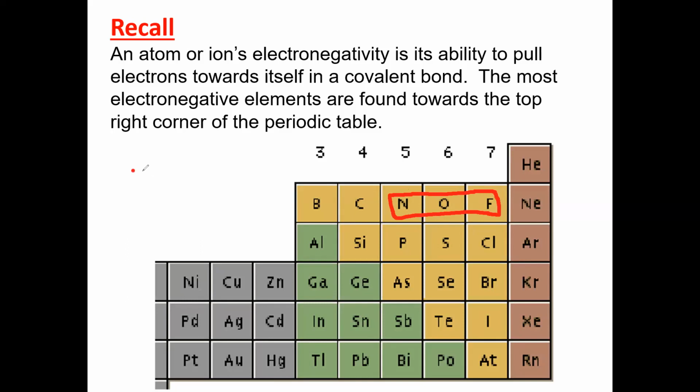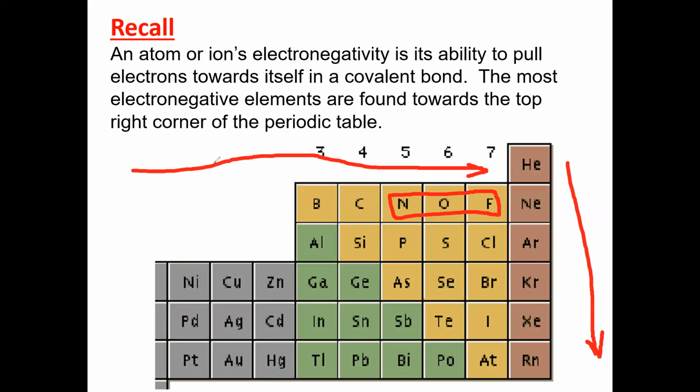On the periodic table, electronegativity increases from left to right and decreases from top to bottom. So the most electronegative elements on the periodic table will be nitrogen, oxygen, and fluorine.